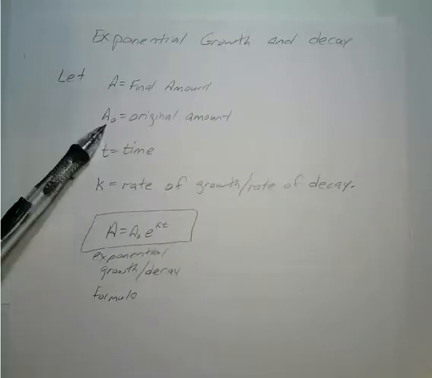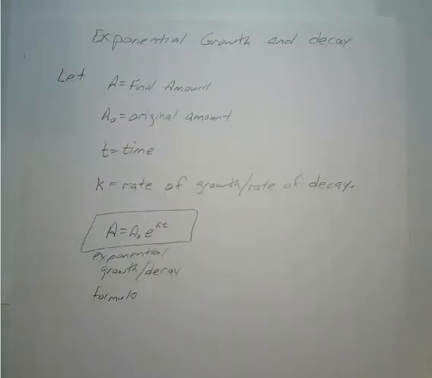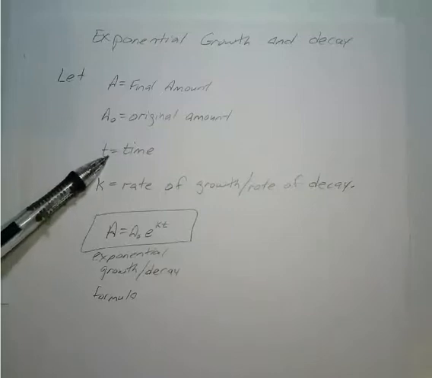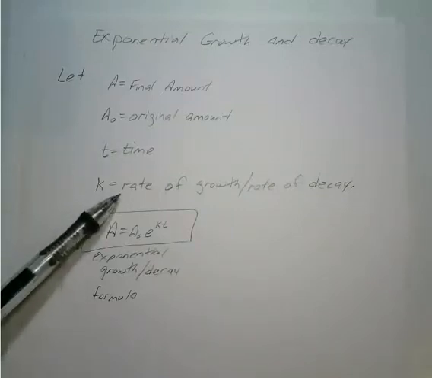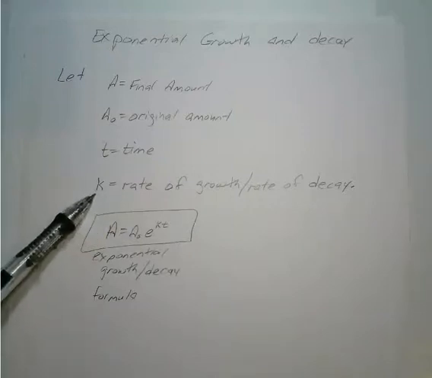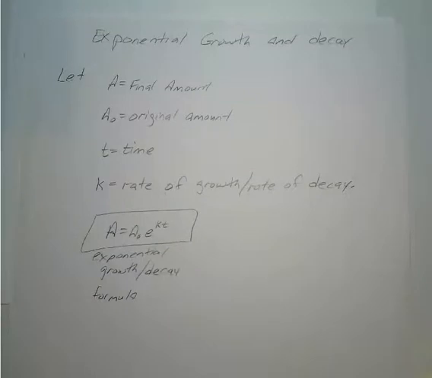Again, t is equal to time, and k is equal to your rate of growth if k is positive, or your rate of decay if k is negative. So it all depends on whether k is positive or negative, and that will tell you if it's growth or decay. Other than that, it's the same general idea, even though it's not the exact same thing.